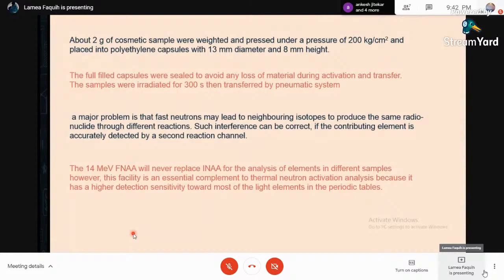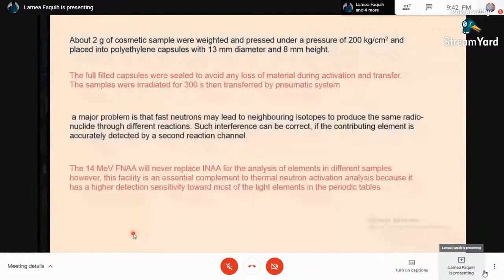Now the samples are irradiated for around 300 seconds, and then transferred to a pneumatic system. A pneumatic system is basically an automated compressed air system.